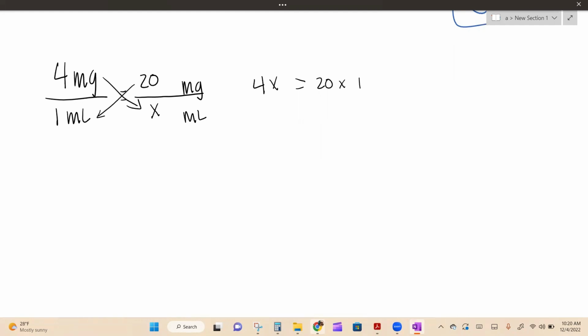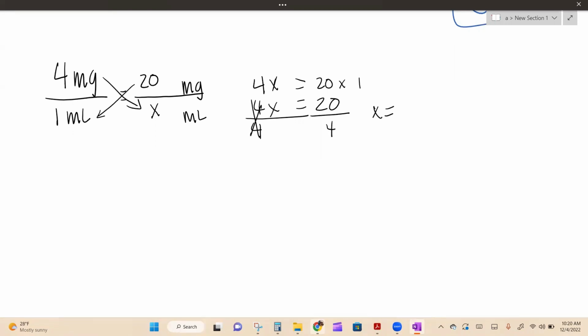Or you can solve it the way with not touching the x, which is usually the way I solve it in class. But for this, I like to teach it this way since the book does. So 20 times 1 is 20. And then we have 4x. We want to get x alone, so we're going to divide both sides by 4.